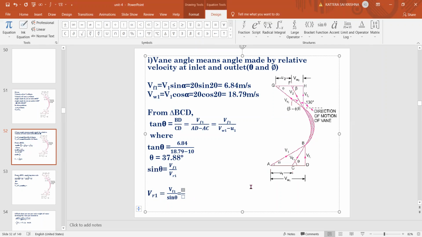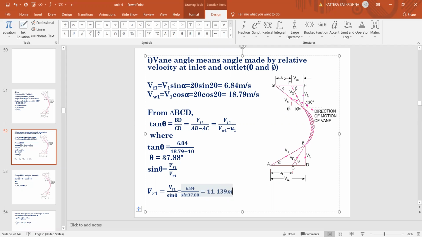One second, I will substitute. 6.84 divided by sine 37.88. Yes, now you can tell the answer. VR1. 11.139, sir. 11.139.